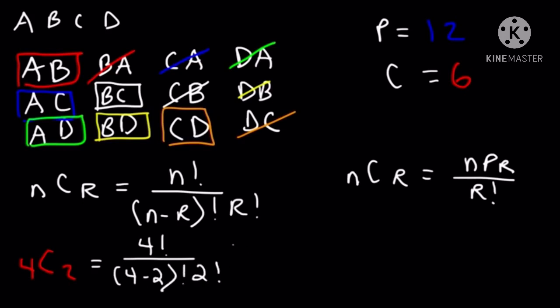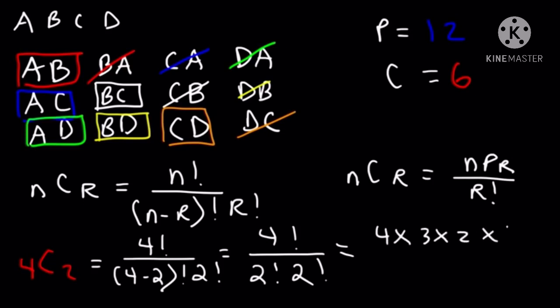So, this is equivalent to 4 factorial divided by 2 factorial times 2 factorial. And we know that 4 factorial is 4 times 3 times 2 times 1. 2 factorial is 2 times 1 and we have another 2 factorial. It turns out that 2 times 2 is 4.